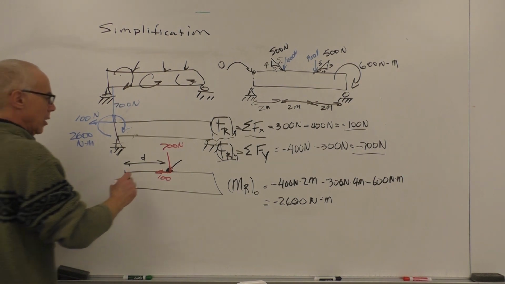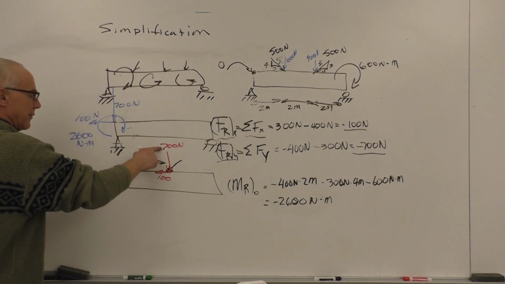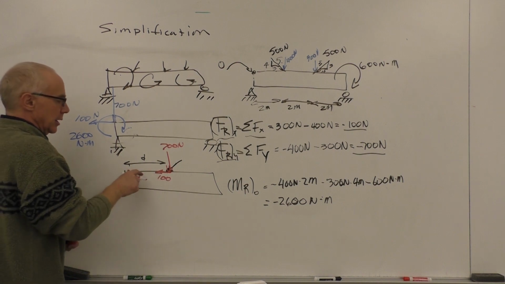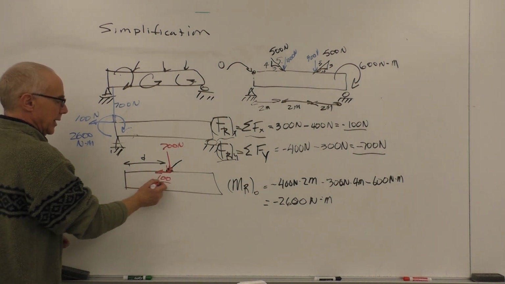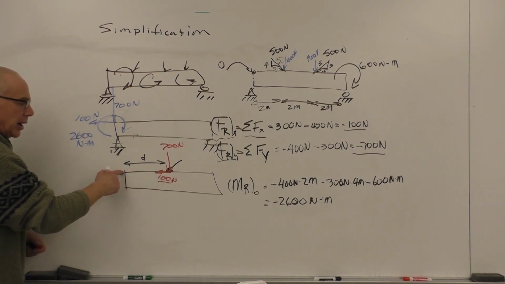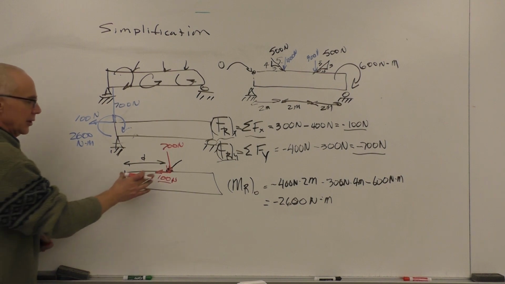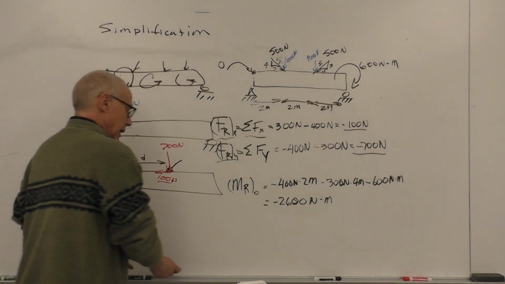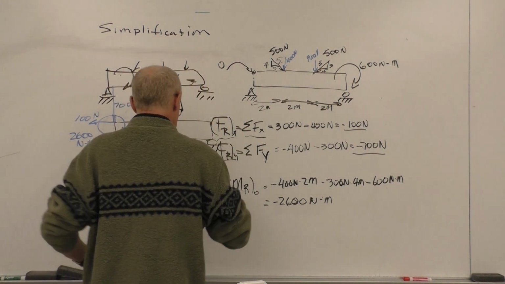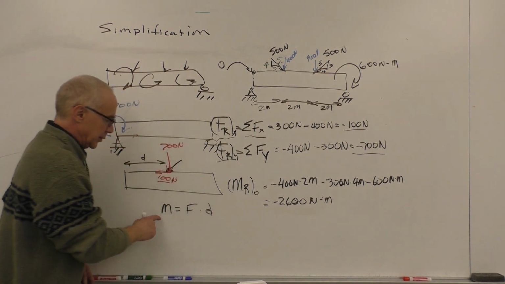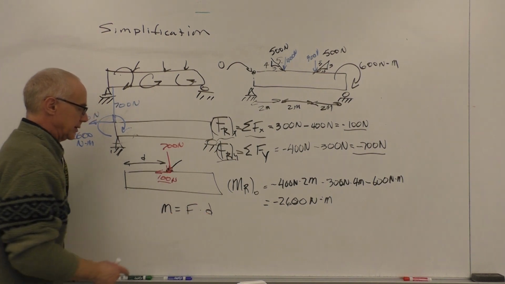And we want the moment caused by that 700 newtons to be equal to our negative 2,600 Newton meter rotation. As I was saying, if we move this in this direction, that 100 newtons is not going to have any contribution to the moment. So the trick here is to find that value of d. This is not actually that hard because the magnitude of the moment equals the force times the distance.